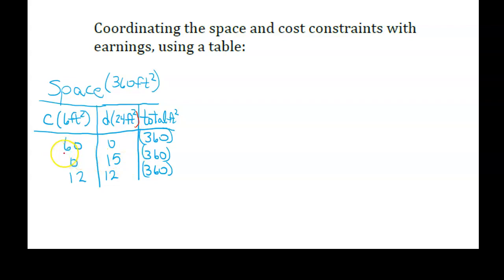If we divide the 360 square feet by 6, we get 60. That means we could have 60 cat pens with no dog runs. If we divide the 360 by the 24 square feet that each dog run requires, that would give us 15 dog runs with no cat pens.